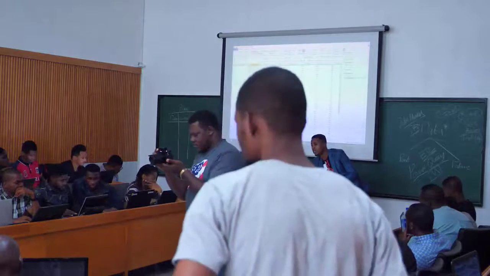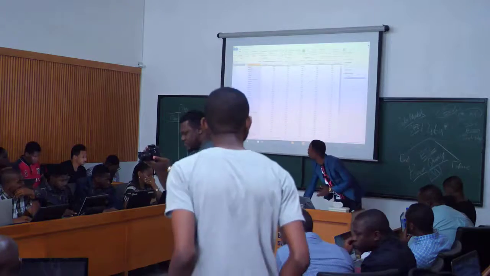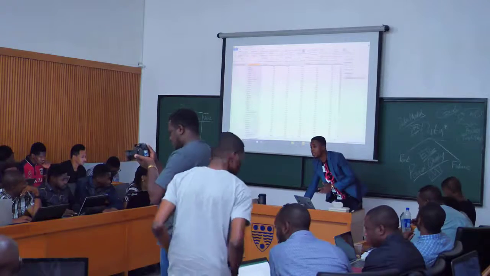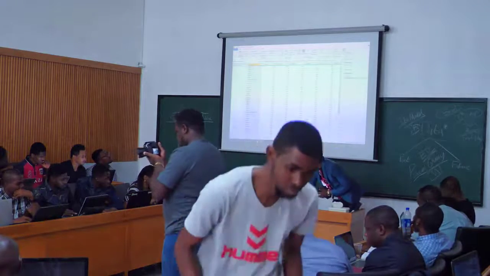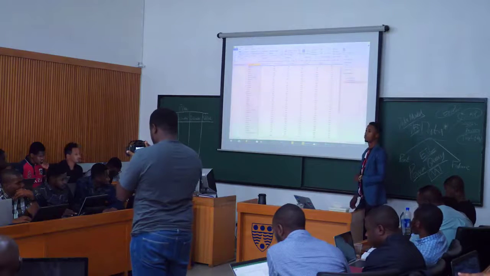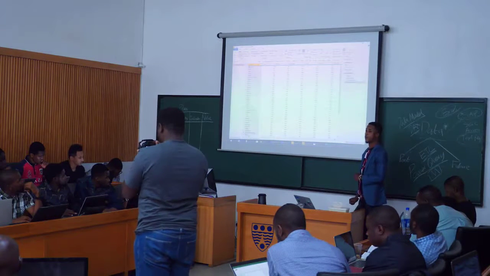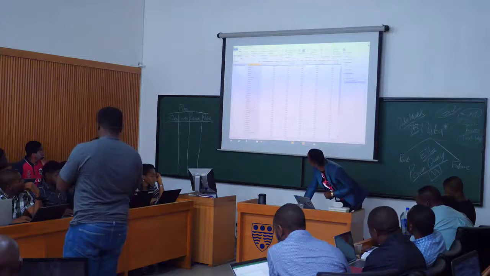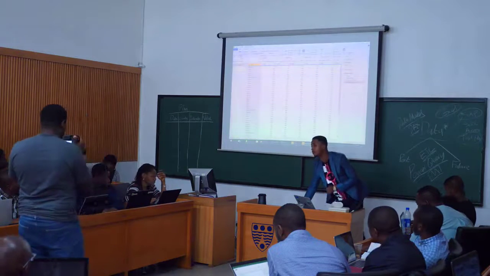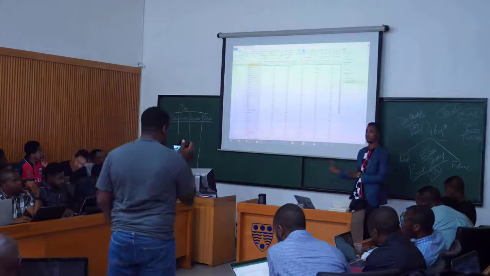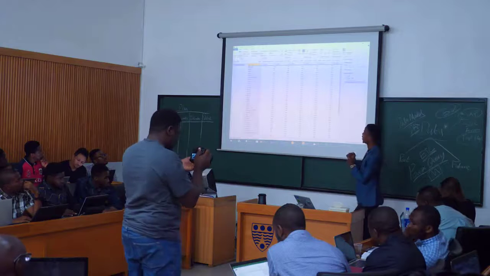Up here, use first row as headers. Can we click on it? Are we there? Okay, so now we have our first row as header.